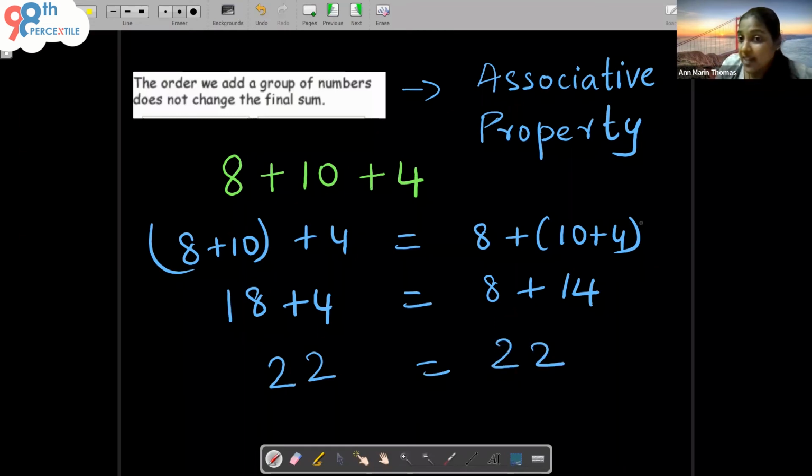Yes, and in the options, I had these two values here. 8 plus 10 plus 4. In the brackets, I had 8 plus 10, and here also, I had 8 plus 10, right? So as the statement says, it does not change the final sum. Sum is nothing but the total. Did I get the same answer here? I got 22 here, and on the other side also, I got 22.